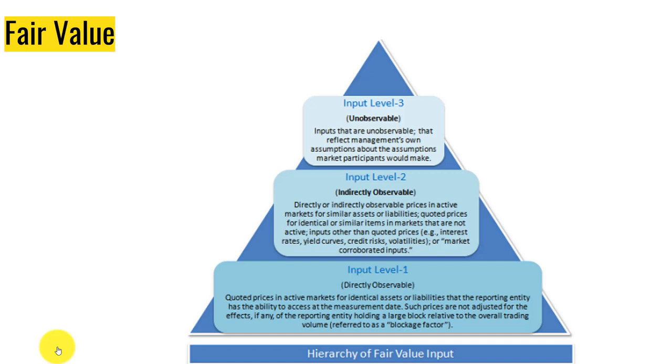Then you go to 2. If that's not available, if there's no directly observable price, there's not a well-established market for these assets or liabilities, then you move to level 2. This is where you can indirectly observe. You can see a price of something that is similar to the asset or liability that you have on your balance sheet. You don't have exactly the same thing on your balance sheet as what other people have, but it's close.